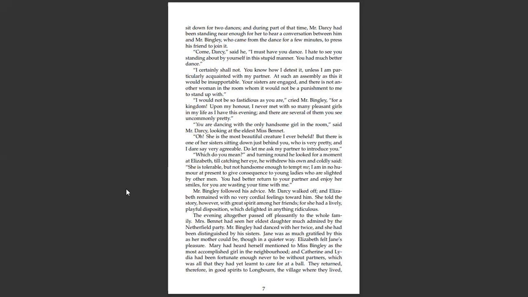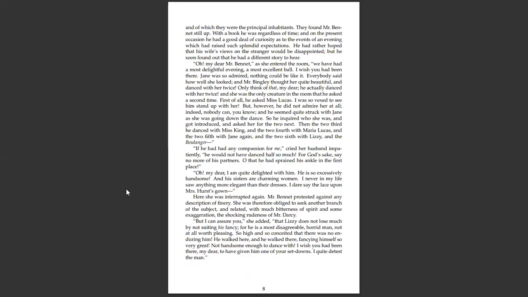Mary had heard herself mentioned to Miss Bingley as the most accomplished girl in the neighborhood, and Catherine and Lydia had been fortunate enough never to be without partners, which was all that they had yet learned to care for at a ball. They returned, therefore, in good spirits to Longbourn, the village where they lived, and of which they were the principal inhabitants.